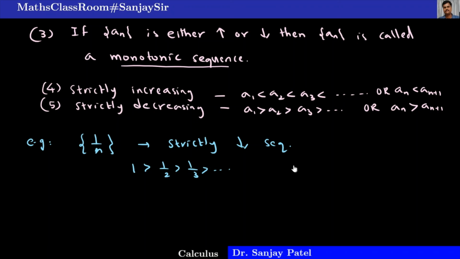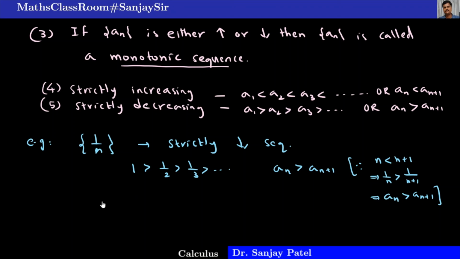So I can say an is strictly greater than an plus 1 because we know that n is strictly less than n plus 1. So I can take reciprocals and get 1 upon n is greater than 1 upon n plus 1. But 1 upon n is the nth term, that is an, and 1 upon n plus 1 is the n plus 1th term. So we can also prove this way logically that the sequence 1 upon n is a strictly decreasing sequence.